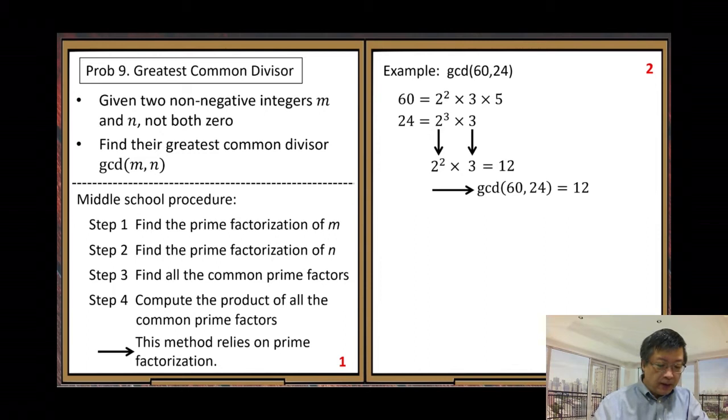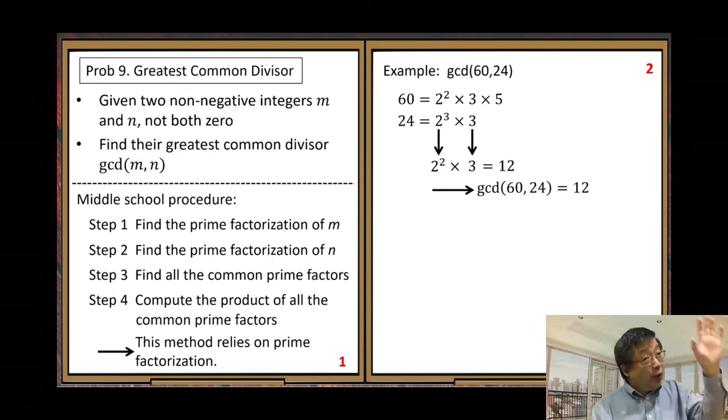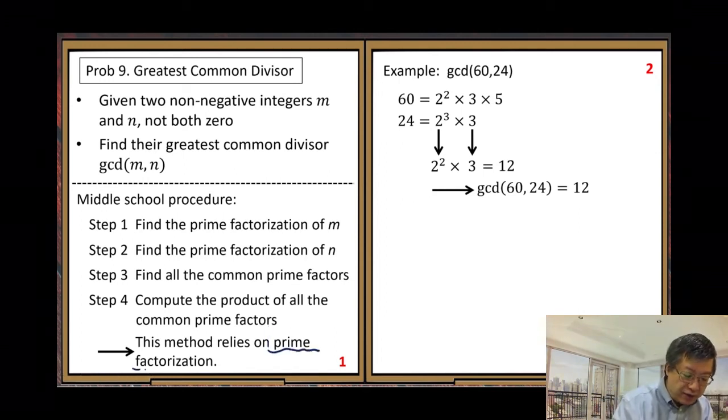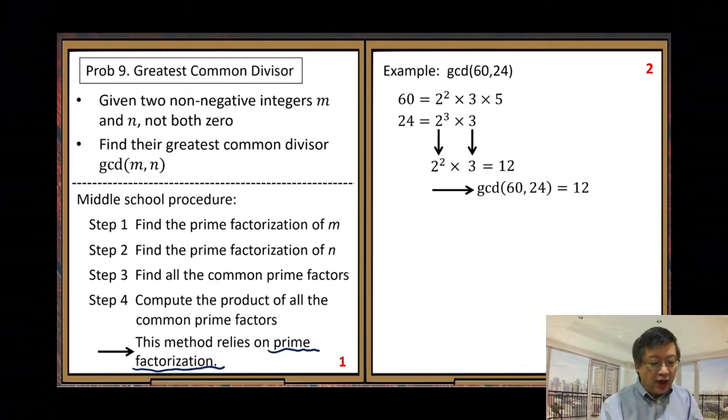First, we notice the main property of this method. This method relies on prime factorization. This is the key property of this method. All right, so let us just leave it there.